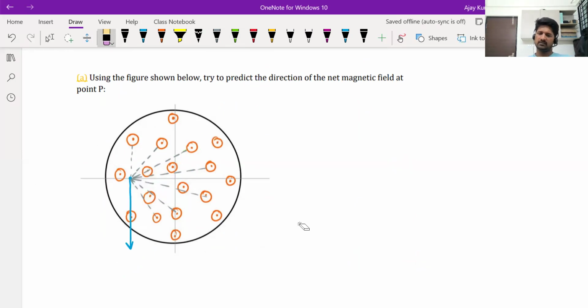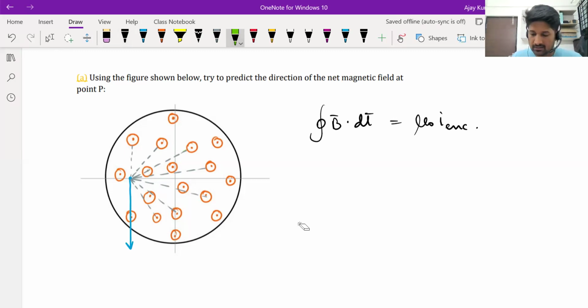If you can't use elements, the only other way you have to derive magnetic field, if you want to, is by using Ampere's law. Closed integral B dot dl is equal to mu naught into I enclosed. For that, you first need to visualize a closed path and see, you have to keep your aim in mind. The aim is to derive the magnetic field, right?